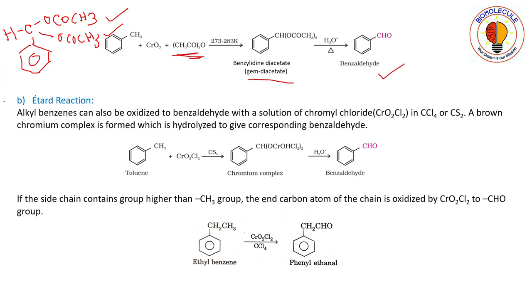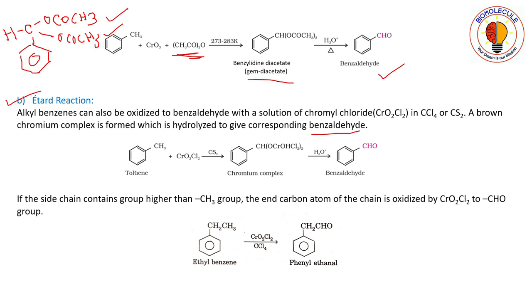Now next we move on to the Etard reaction. Alkyl benzenes can also be oxidized to benzaldehyde with a solution of chromyl chloride in carbon tetrachloride or CS2, that is carbon disulfide. A brown chromium complex is formed which is hydrolyzed to give the corresponding benzaldehyde.